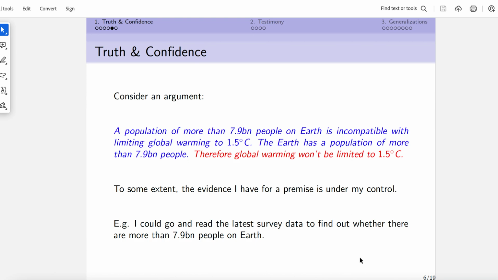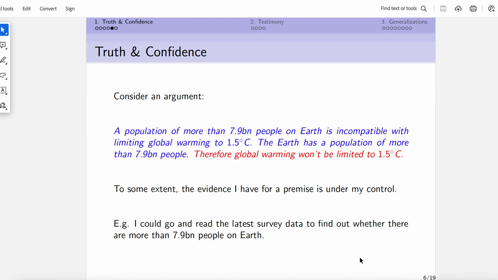Now, both premises, both sentences here, we need to think carefully about. We're going to focus on the second sentence. The Earth has a population of more than 7.9 billion people, the example we used before. Now, at the moment, I don't have great evidence either way, so I don't have a high degree of confidence either that premise is true or that it's false.